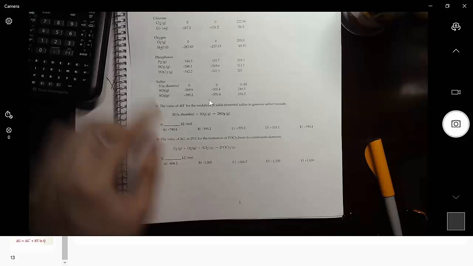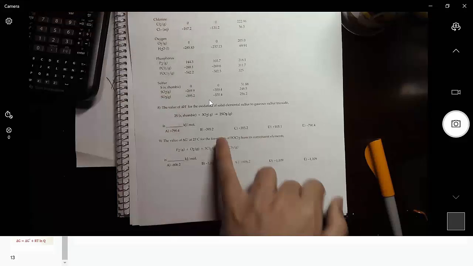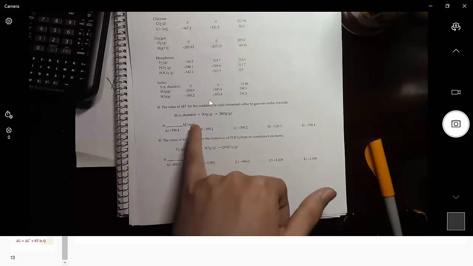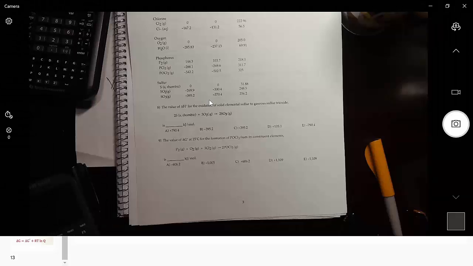So we're given this data. We have a bunch of data here. Can someone calculate this? Can someone do problem 8? And I'll do it too. B, C, D, or E.